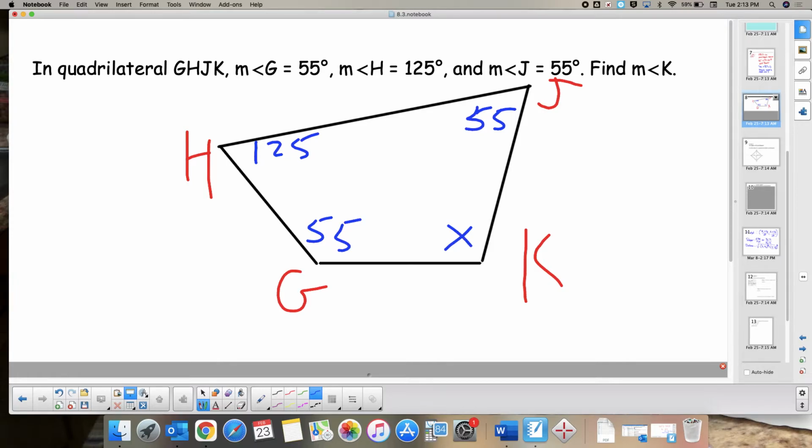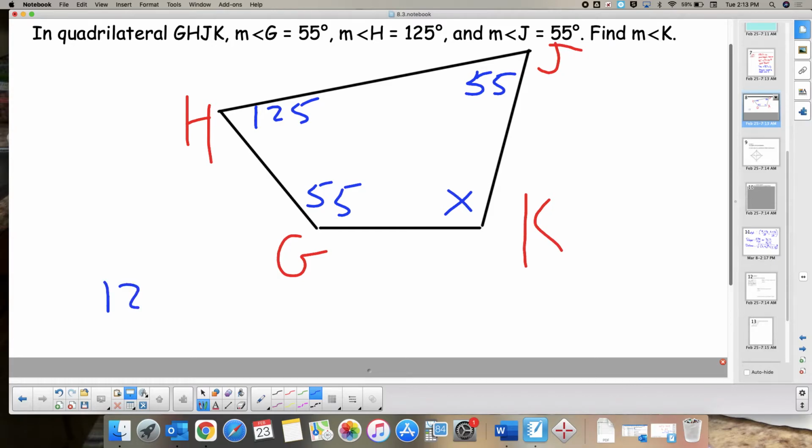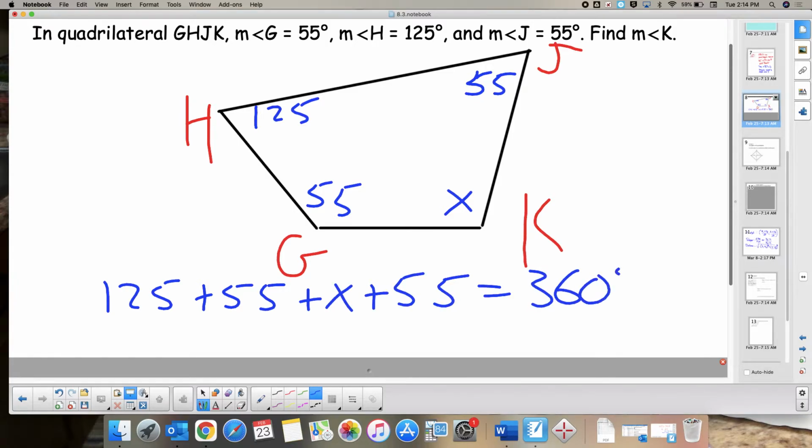They do not tell me this is a parallelogram, so I cannot automatically assume that both pairs of opposite angles are equal. The only thing we actually do know is these angles have to add up to 360 degrees. So 125 plus 55 plus x plus 55 will have to equal 360 degrees.